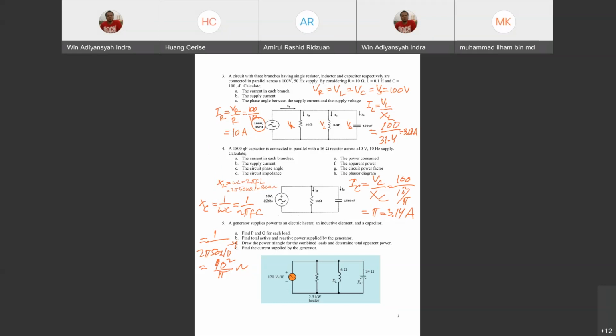What about B? Supply current, I total. So you just add all.